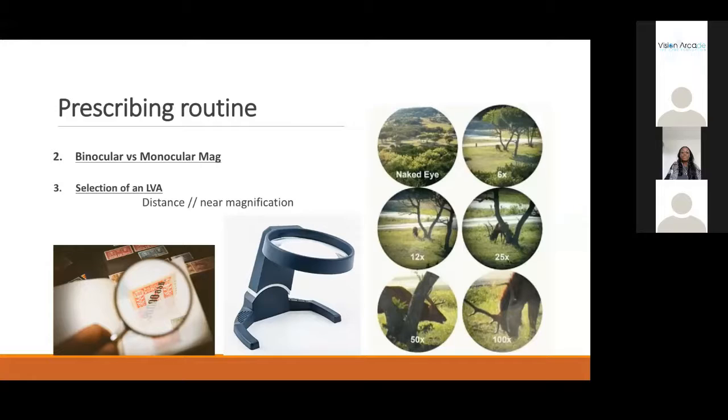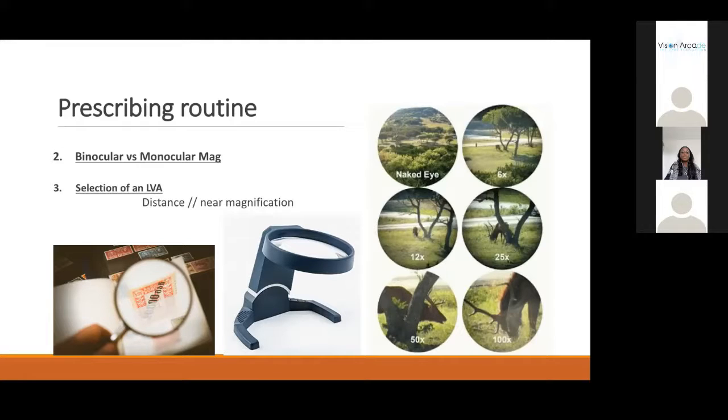So for distance magnification, the main practically useful aid is the telescope. And then in some cases, you might be able to move the object closer. So either you move closer to the TV or bring the TV in a bit nearer. And then for near magnification, your common ones are spectacle microscopes, handheld magnifiers, or stand magnifiers.